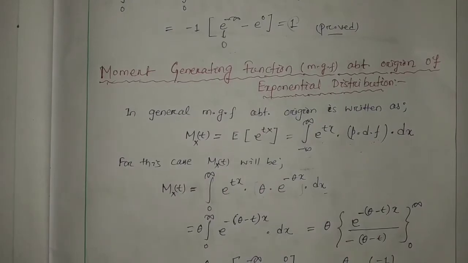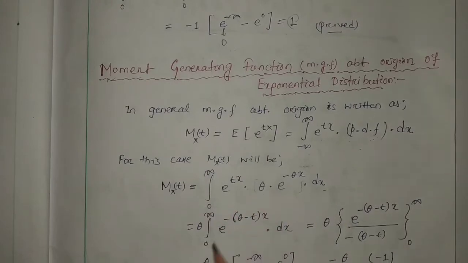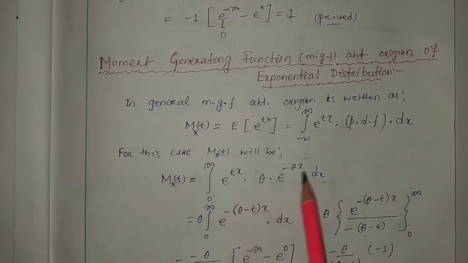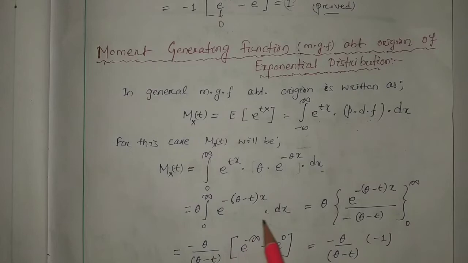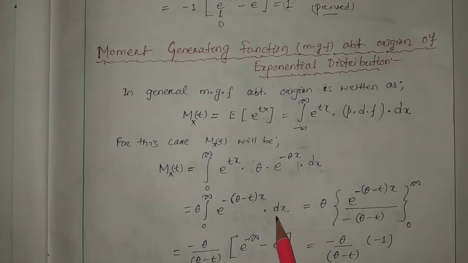Now you can see that theta is constant, taken outside. The two powers are going to add up, so it will be e to the power minus (theta minus t) x dx. Now we are going to integrate this with respect to x.